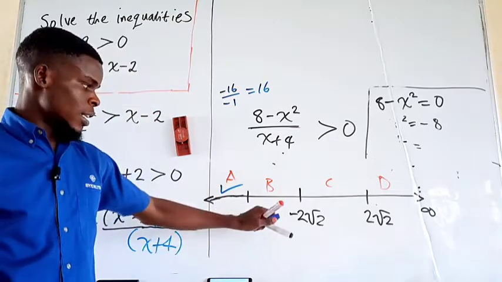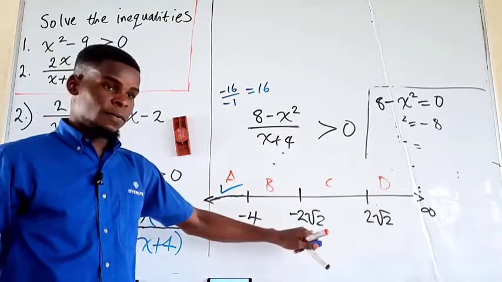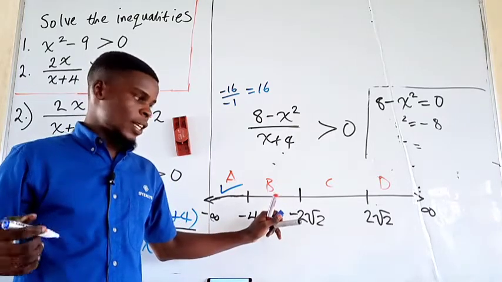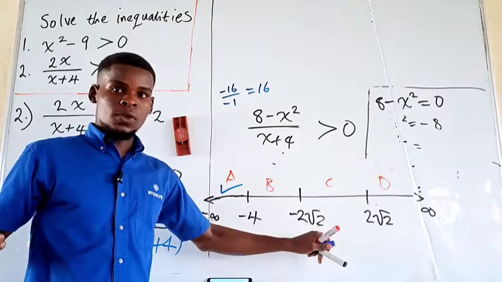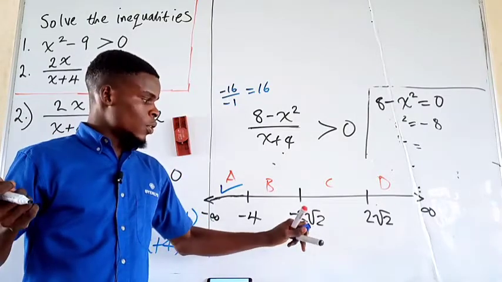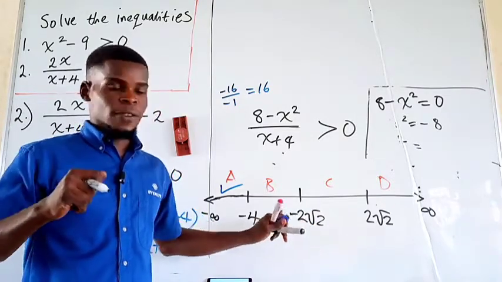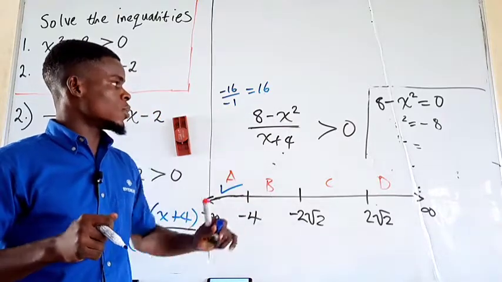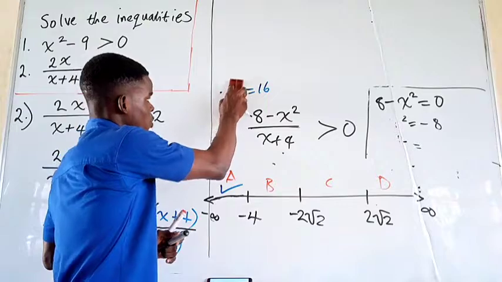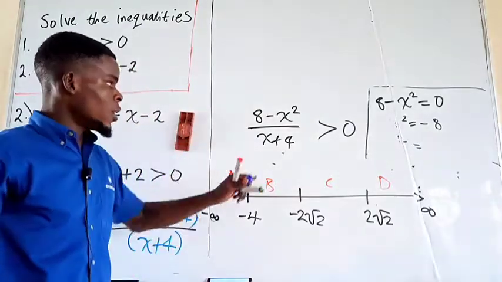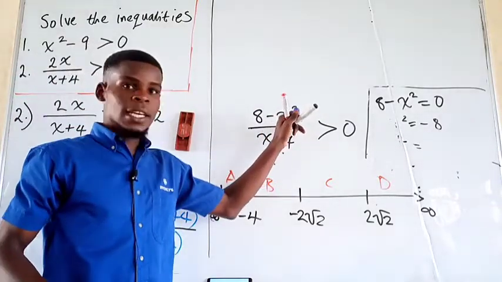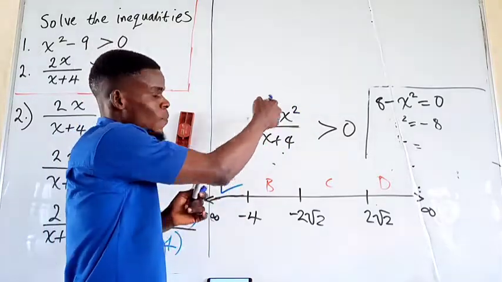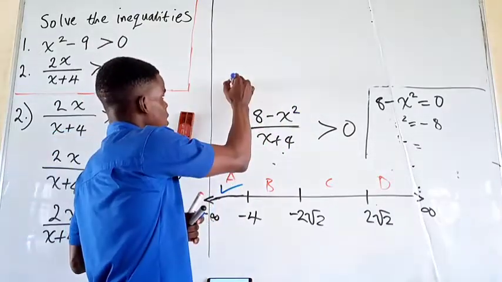The next interval is between -4 and -2 root 2. Which number is here? -3 is here, because 2 root 2 is actually less than 3, so -2 root 2 will be greater than -3. If you pick -3 and plug it into the expression on the left-hand side of the inequality, we have -3 squared, that is positive 9. 8 minus 9 at the top is -1.